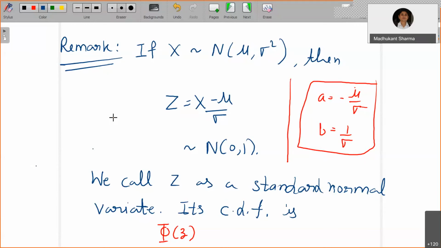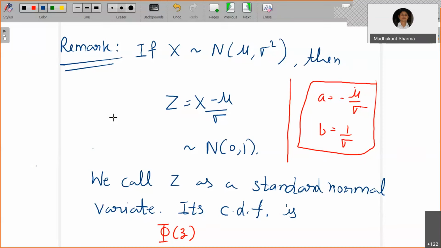Very good morning. Last lecture, we defined the normal distribution. We have seen that a scalar multiple of a normal random variable is normal, and shifting a normal random variable is again normal.